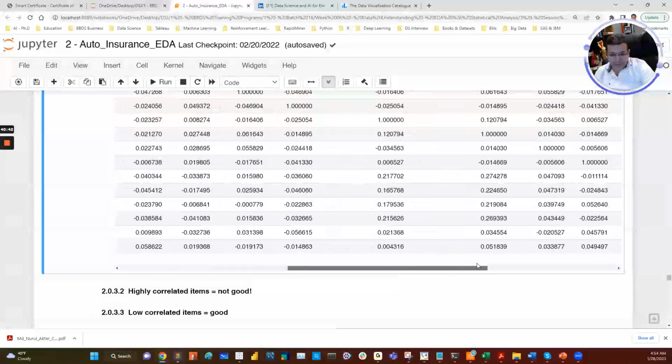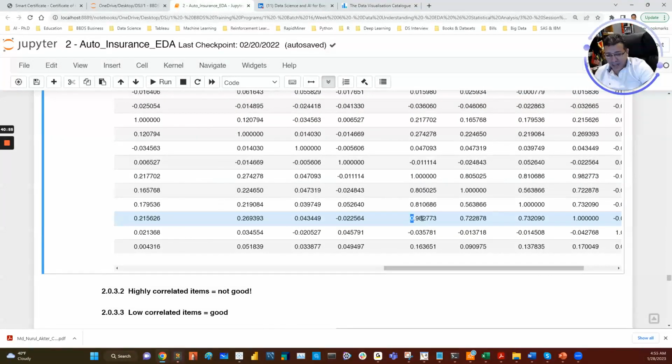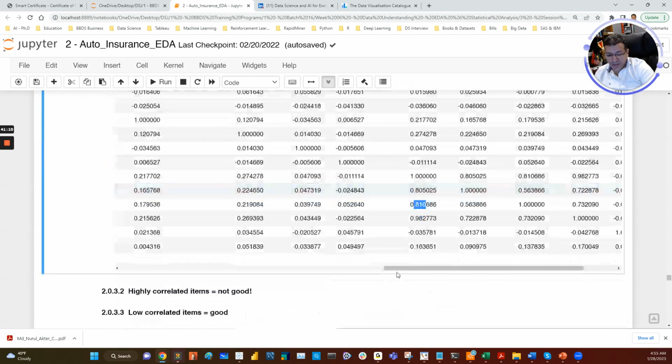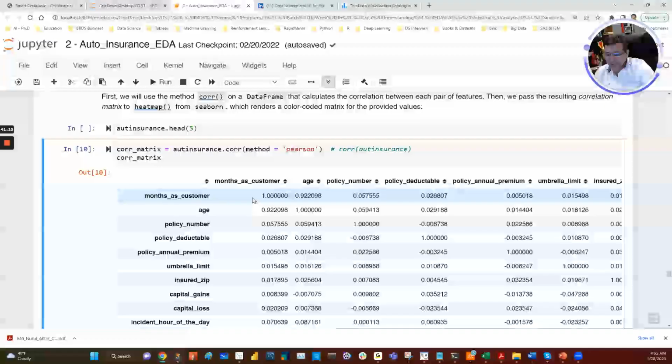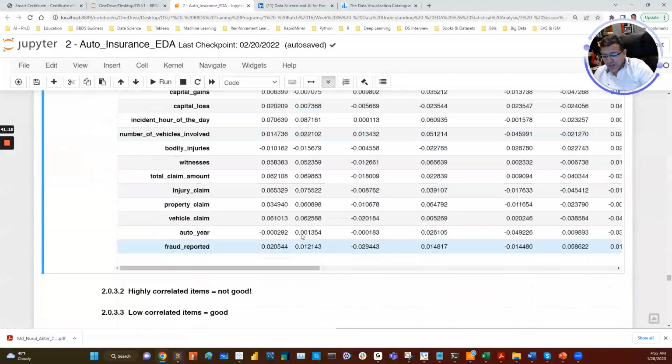We saw 22%, 27, 26, probably a little bit higher. Yeah, we got a few. 98, this is highly correlated. 72, highly correlated. 73, 81. Yeah, we got some features that are highly correlated. 92.